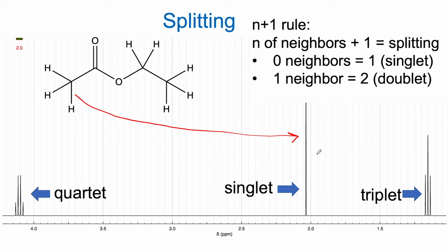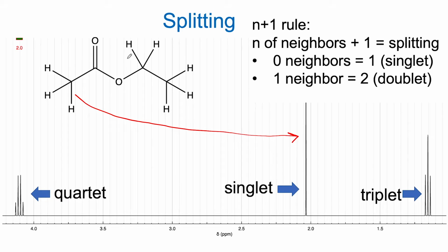Okay, singlet. If we look at these hydrogens here, they have 3 neighbors. If you go 1, 2, 3, these 3 hydrogens are within 3 bond lengths distance, therefore they are neighbors. So 3 neighbors plus 1 gives you 4. And a splitting of 4 is a quartet.